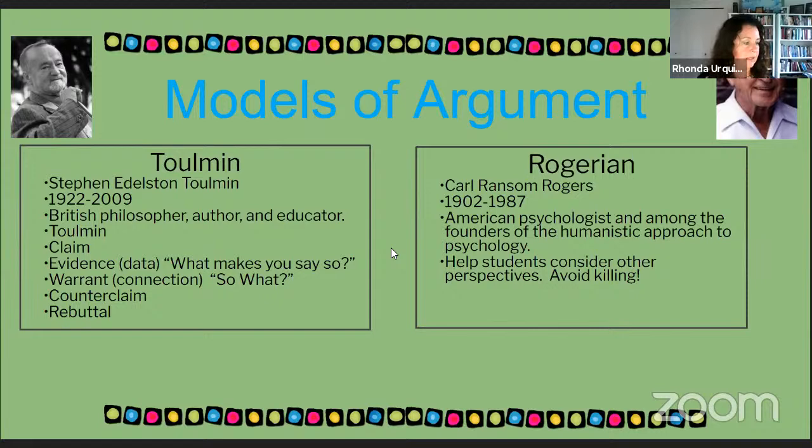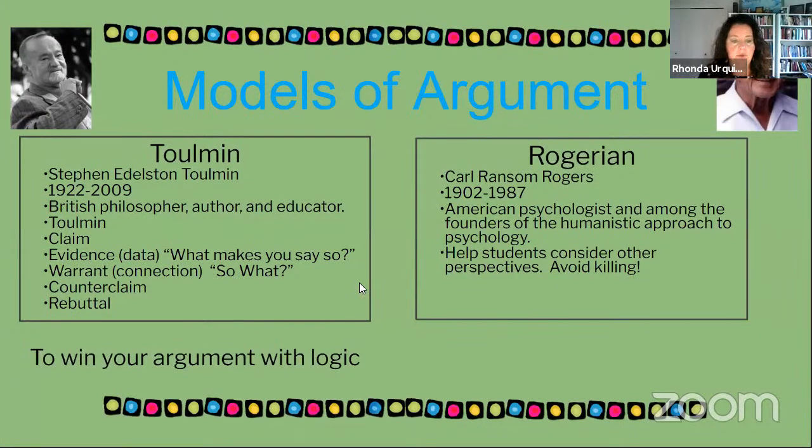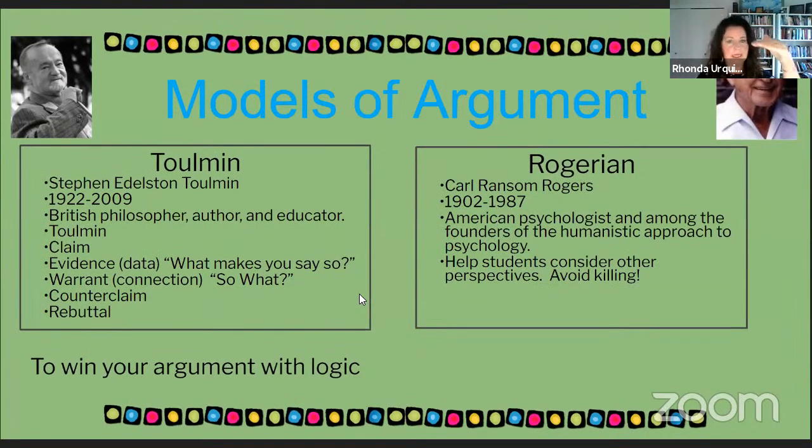I kind of love this. I shared it in my class, but first we were like, okay, understanding that Toulmin is saying to win your argument, you use logic. So here's my claim, here's my data that supports it, and this is why it's true. I recognize what you're saying, but this is why you're wrong.